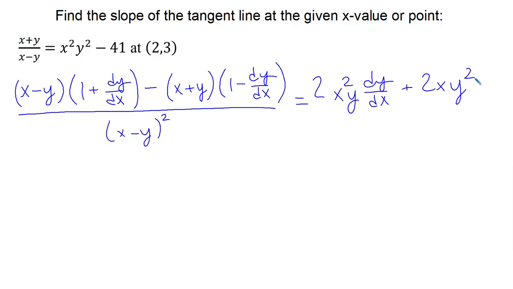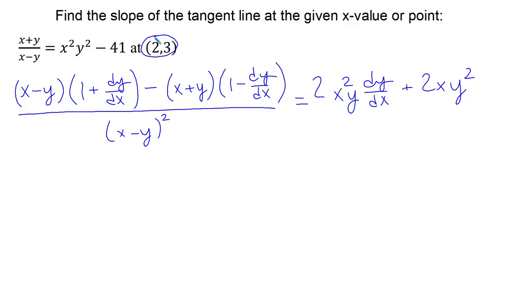So now this might be an instance in which we don't want to distribute all of this out and solve for dy/dx initially. If you do, that's fine. But we might just want to plug in x equals 2 and y equals 3 right off the bat.